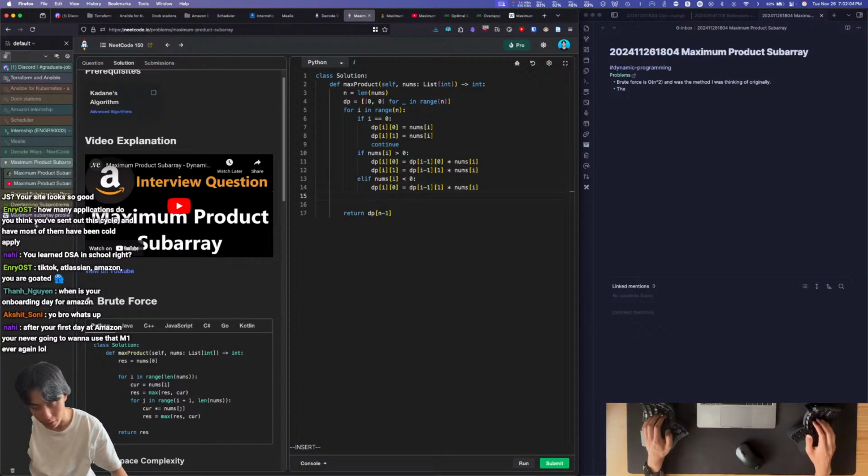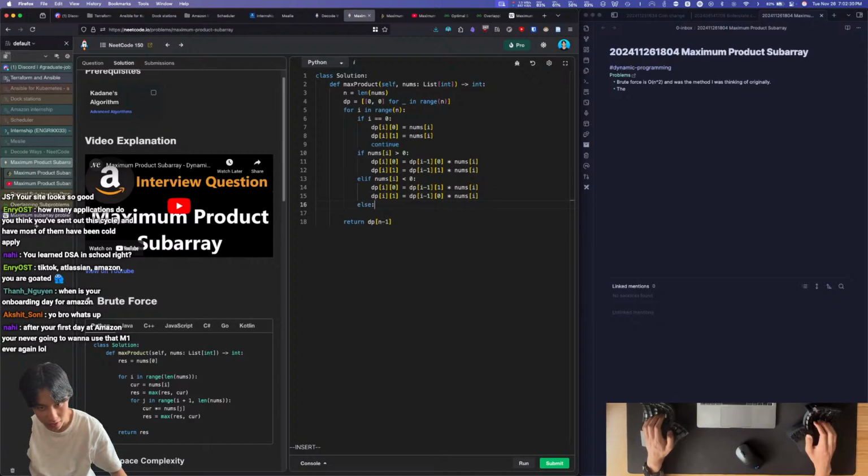Cool, and that'd be a positive value. And then for when you want a more negative value, you would use the positive value given the negative value, times nums i. Okay. That's what it looks like.